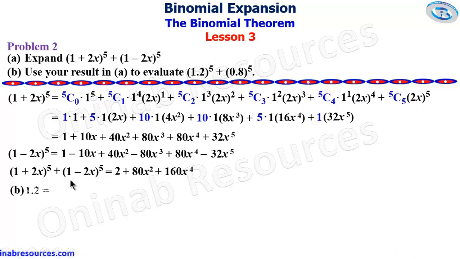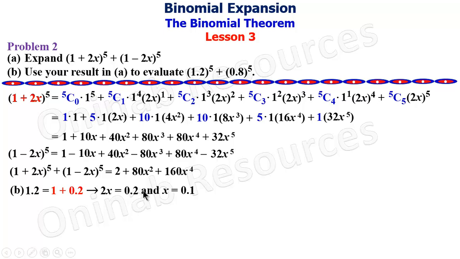So we are going to expand 1.2, which is going to give us 1 plus 0.2. And comparing it with the binomial expression, 2x is equal to 0.2, which means x is equal to 0.1.